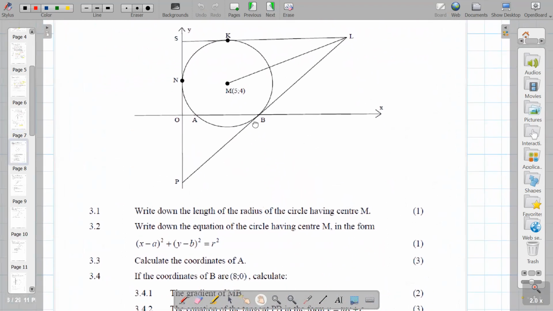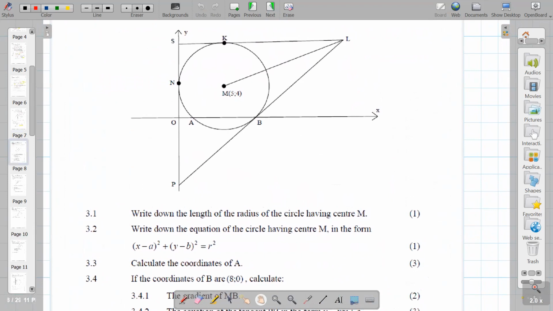Now if you look at the question asking for the radius only for 1 mark, why is it only 1 mark? It is because if a circle touches the x or y axis once, so the x or y axis is a tangent line, the absolute value of one of the coordinates actually becomes the radius.